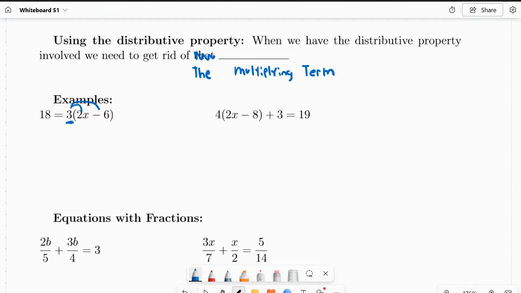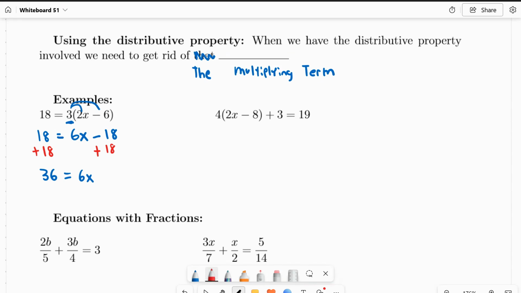So I'm going to multiply in 3. So I've got 18 equals 3 times 2x, which is 6x, plus 3 times negative 6, which is negative 18. From here, let's isolate our variable. So let's add our constant to both sides. 18 plus 18 gives me 36, which equals 6x.